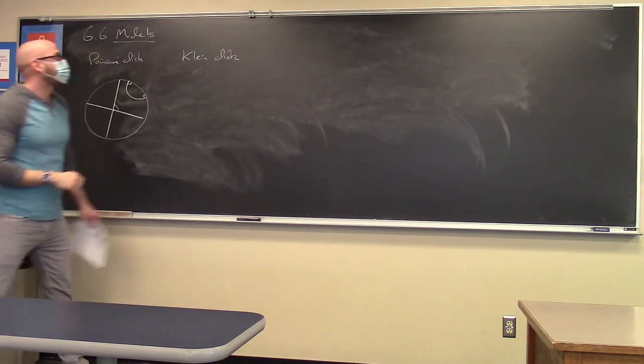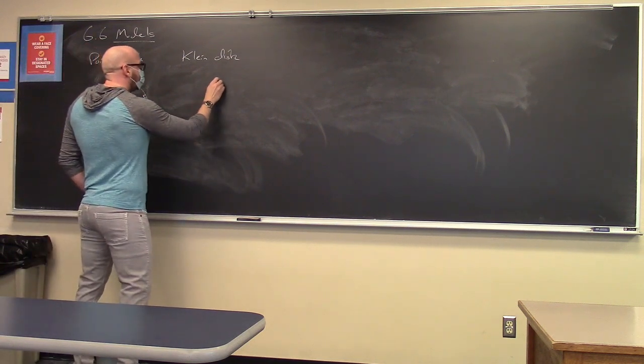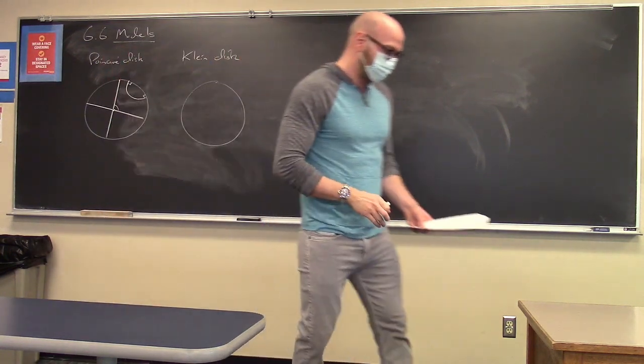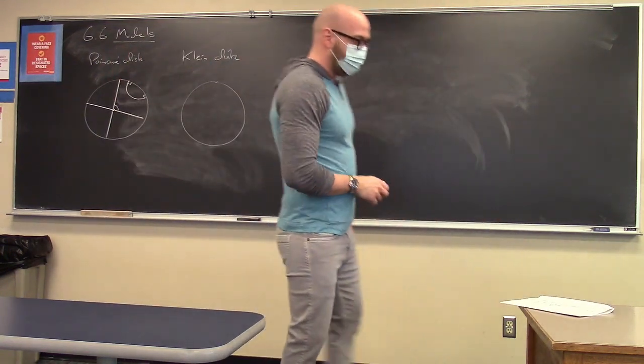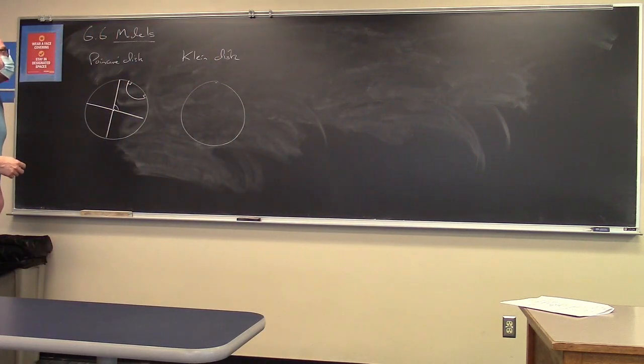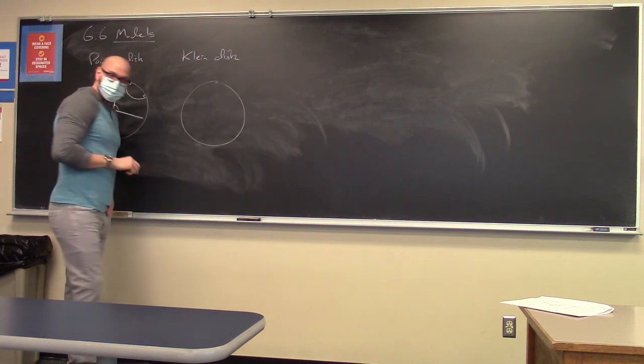But then we've got this other disk model that the textbook doesn't talk about, but we did in class. It's the Klein disk. Very similar. So once again, the boundary is not included.